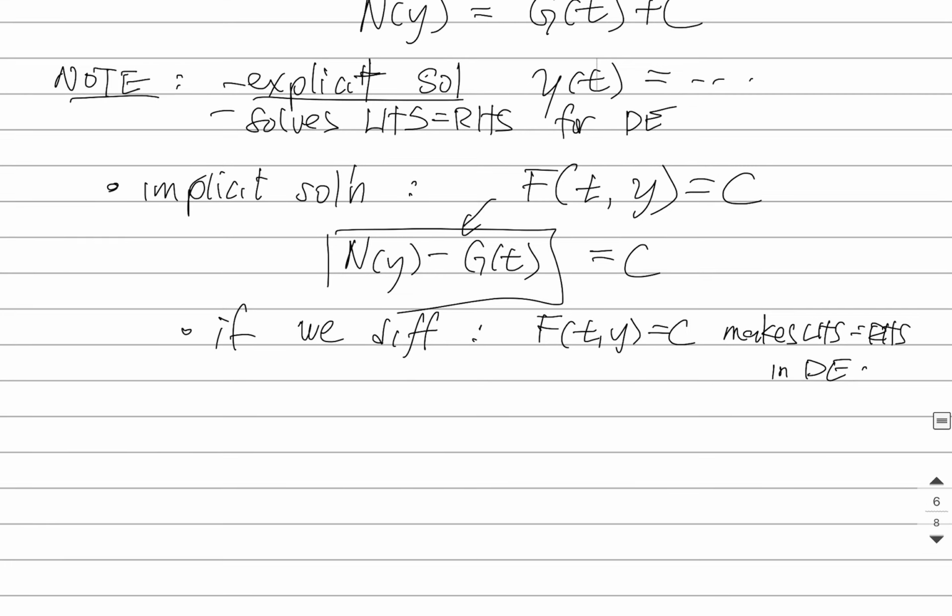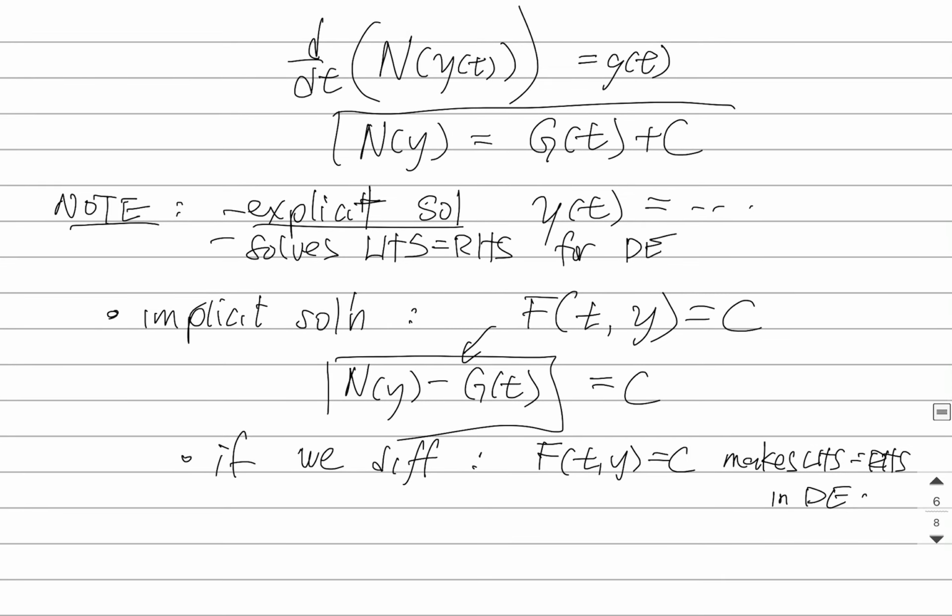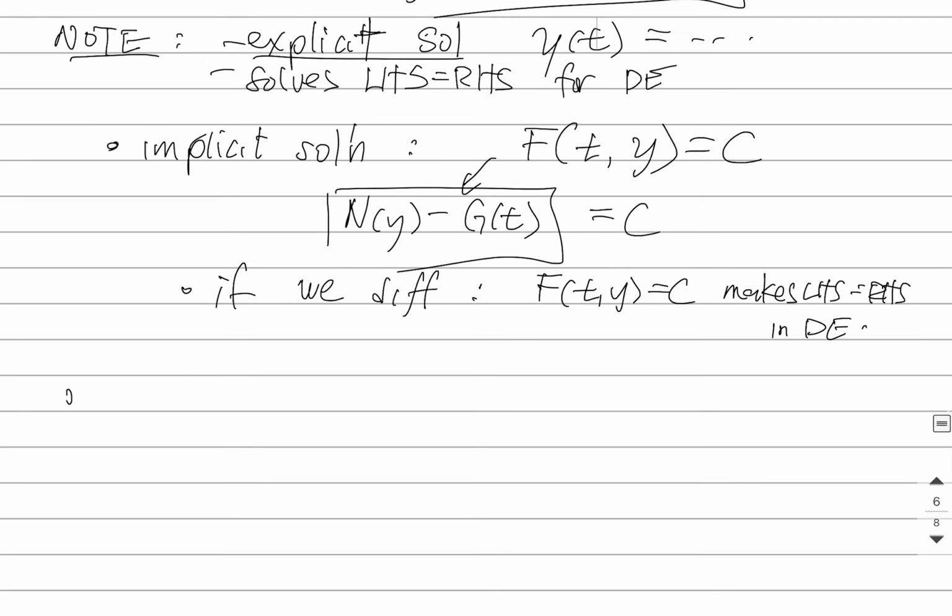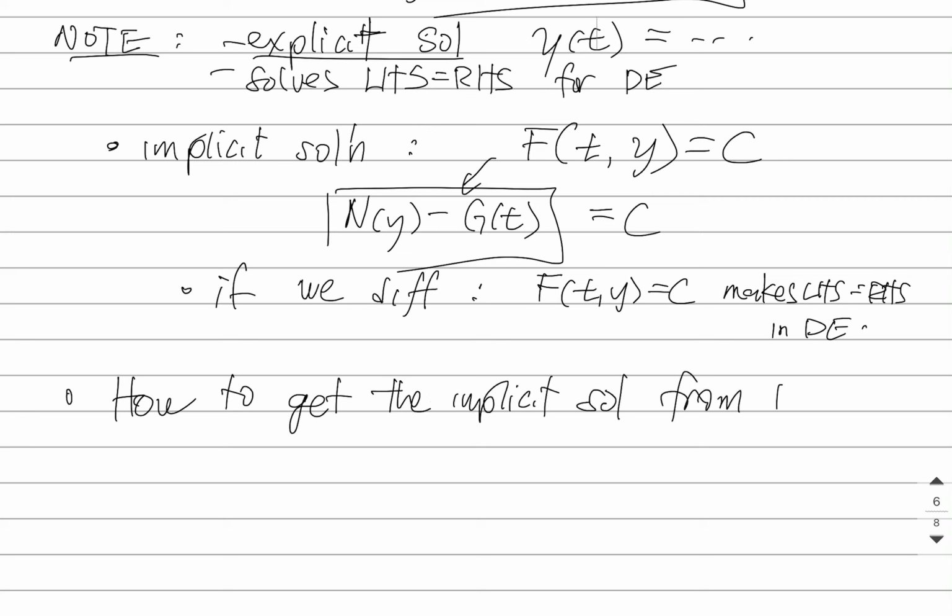So this thing is what we're after. So how do we get the implicit solution from a DE?